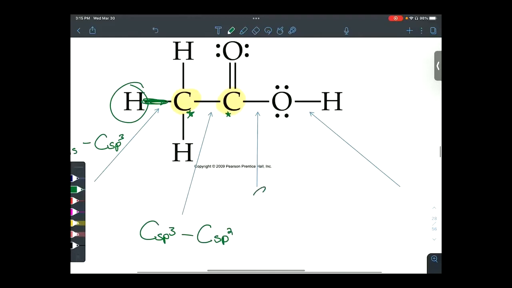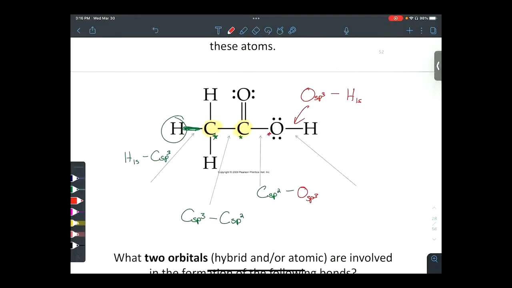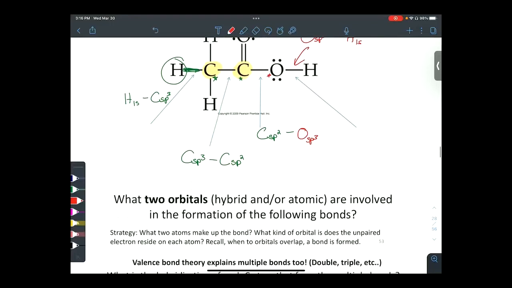The next one, we start with that sp2 carbon again, and it's overlapping with this oxygen, which is what hybridization? sp3, very good. And this last one is the oxygen's sp3 orbital overlapping with a hydrogen's 1s orbital. Very good. So that's just another way to ask the question, but it really is the same thing as the previous one.